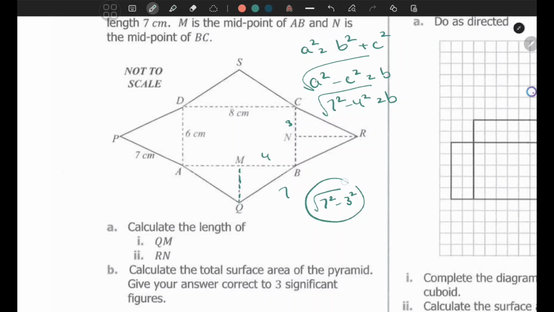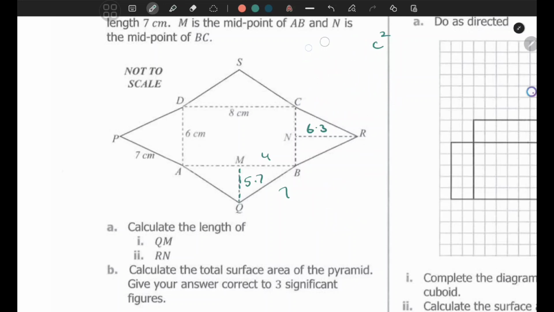Now, when we're talking about this length and this length, this is 5.7 and this is 6.3, right? So now if we're talking about the surface area and we have this net diagram, right?